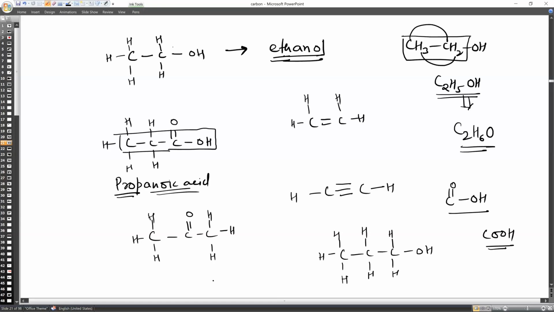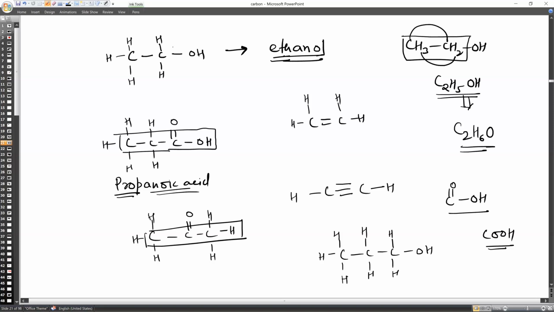Because there are three carbons, so prop, and then one. The simplest ketone has at least 3 carbon. I have told you in the previous class, a ketone can only be found with 3 carbons. Like ethanol, ethene, methane, you can form with 1 carbon or 2 carbon, but a ketone needs 3 carbons.